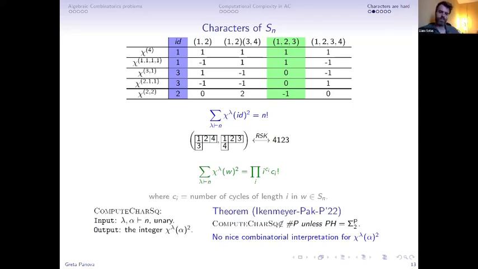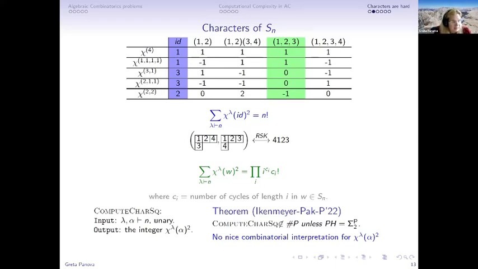As for the character being 0, this is what's on the next slide. This is how we show that there is no combinatorial interpretation, because it turns out that deciding whether the character is 0 is what's called a C=P-complete problem, which is a very large class that extends beyond what would be in Sharp-P, and that's what causes the collapse.